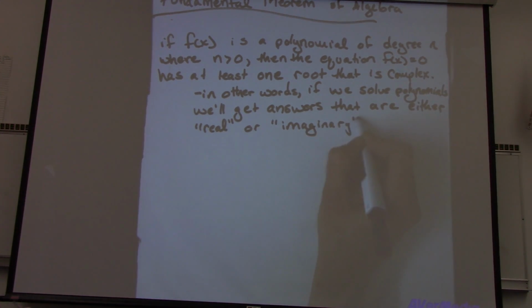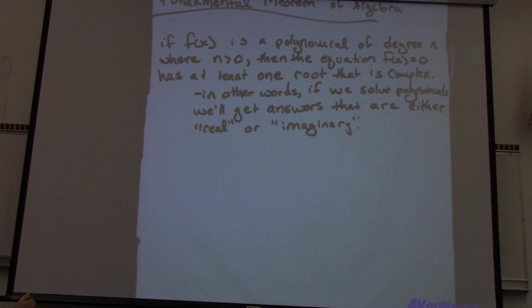You'll get one of those two answers, if not a combination of. That's all it's saying. You're guaranteed to get an answer that's either real or imaginary. What that means for us is that now we're looking at the imaginaries.